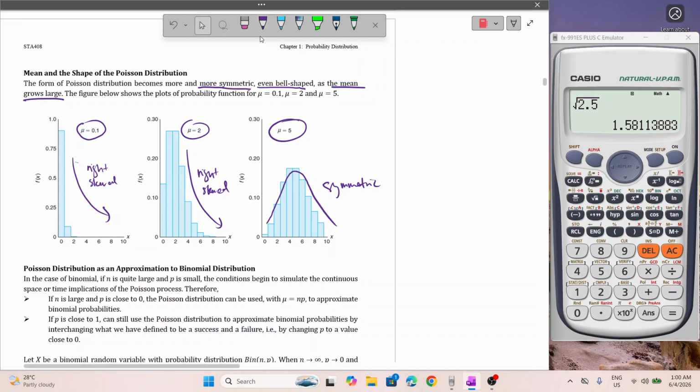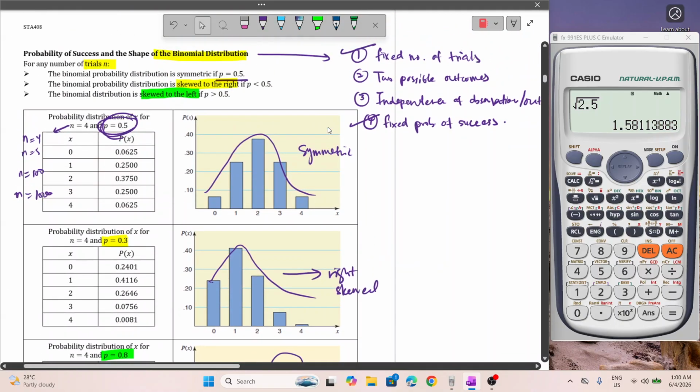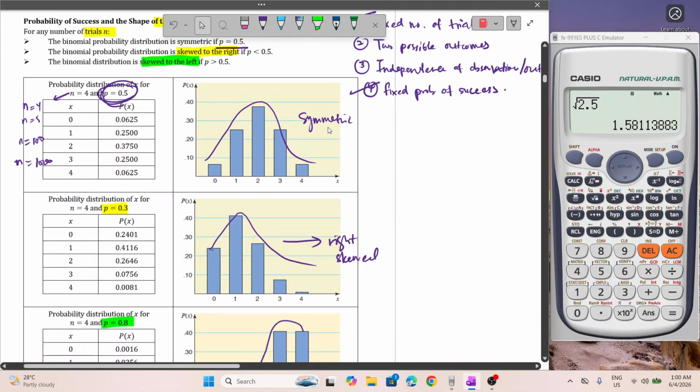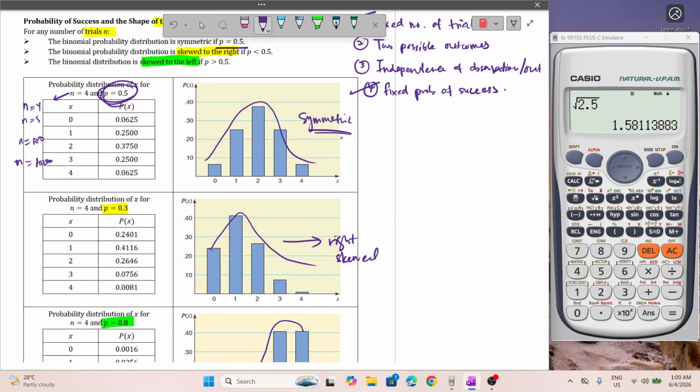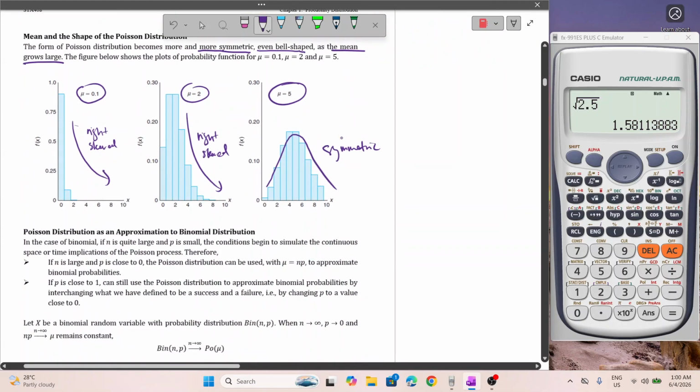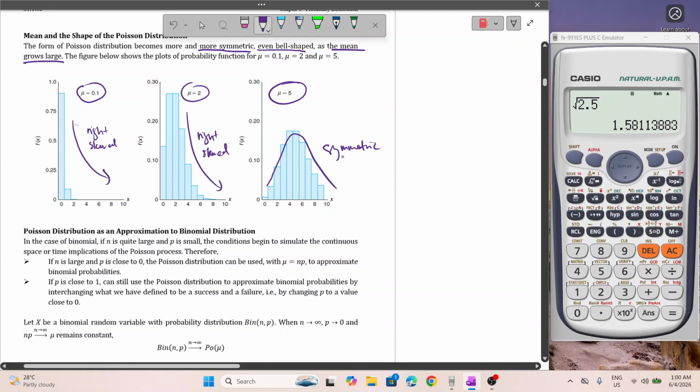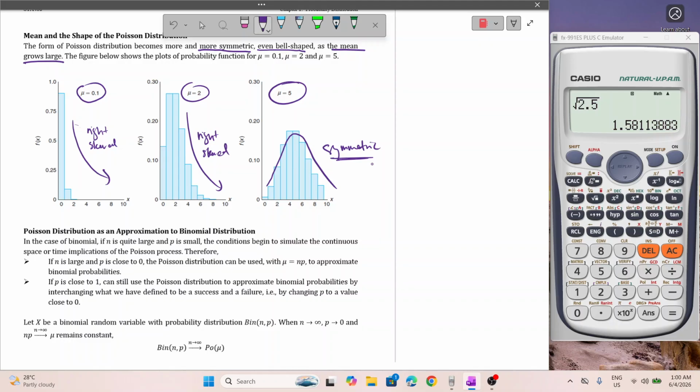For the binomial, when p is 0.5, it is symmetric, but for the Poisson, when the mean is 5, it becomes symmetric.